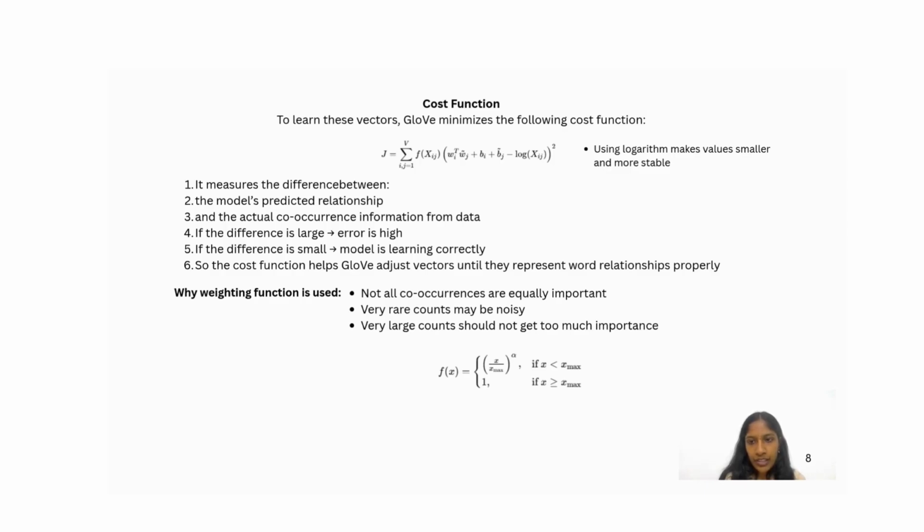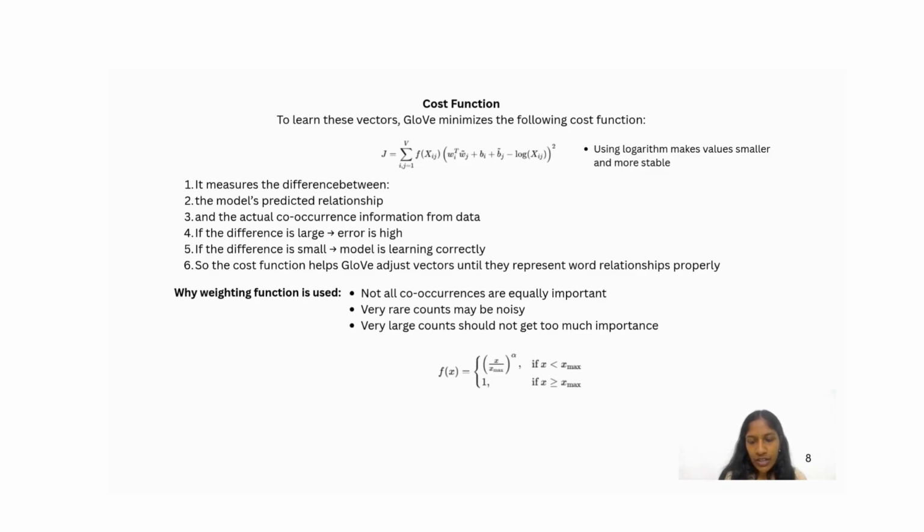The difference between these two values represents the error. Now, if we simply minimize this error directly, the model would face two major problems. Firstly, very frequent word pairs like the and is would dominate the learning process because their counts are extremely large. Secondly, very rare co-occurrences might introduce noise because they may not be statistically reliable. To solve this, GloVe introduces a weighting function.